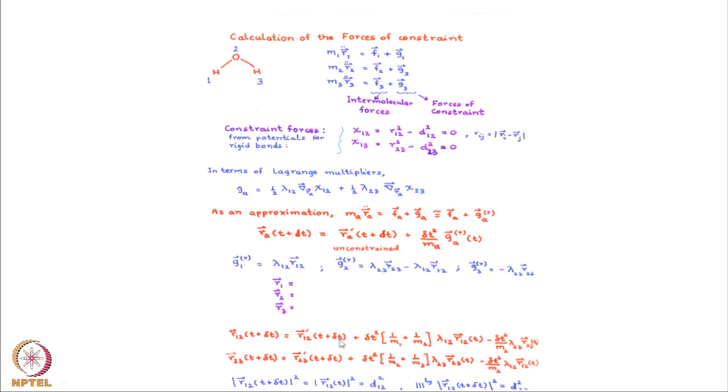So, the unconstrained move would be due to the forces themselves directly, and the constraints will correct for them. So, this lambda 12 and lambda 23 are obtained iteratively, so that the bond length is fixed. So, the new bond length R12 after the move will be identical to the old bond length. Okay. So, the theory you can study later. So, we just want to mention that you use SHAKE constraints or some other types of constraints, so that the bond lengths and bond angles are fixed.